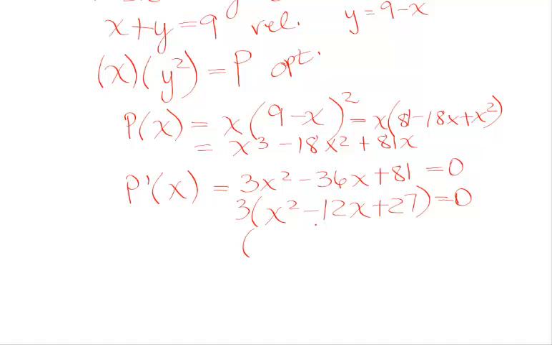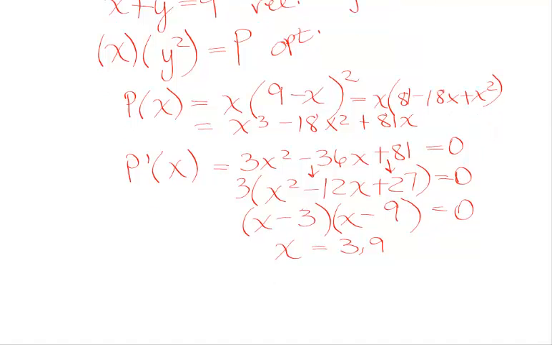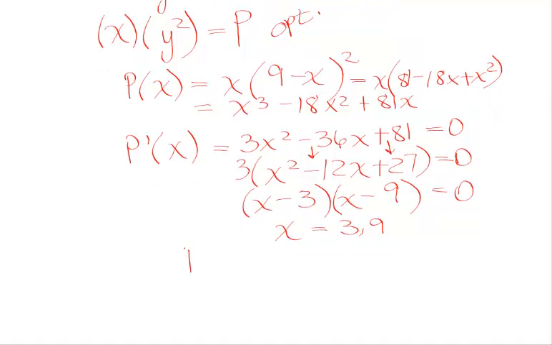I need to factor and find my critical points. I need something that when I add it, I get negative 12, but when I multiply it, I get positive 27. I believe those are the values that would do that for me. So I have 2 critical points. I need to run a test just for argument's sake.